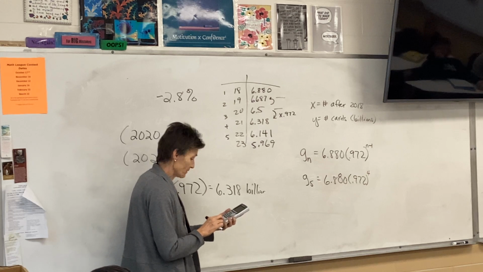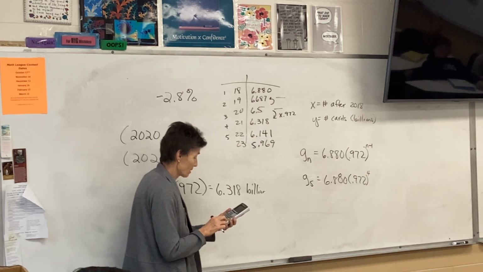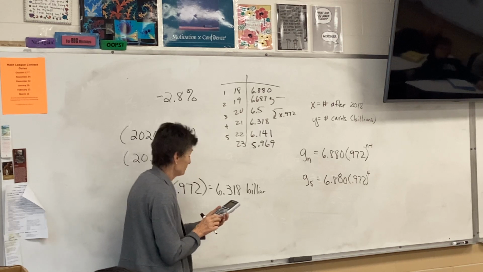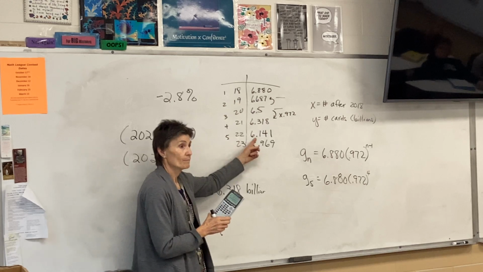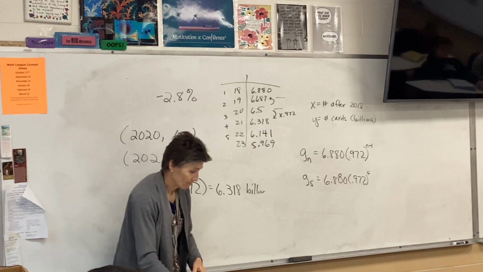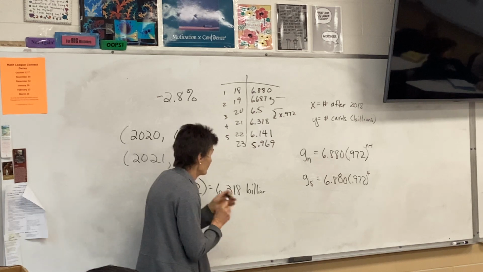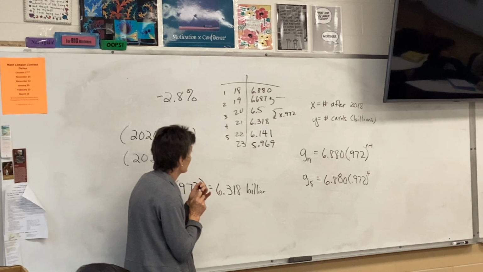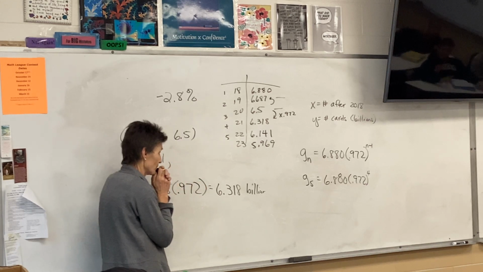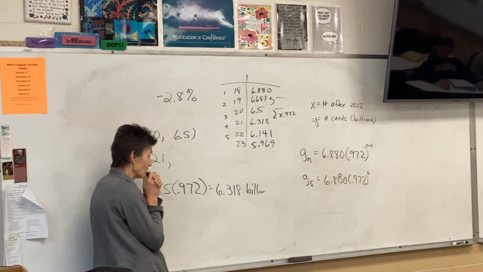Might be a little off because of round off. Is it right? Yeah. All right, good work. Oh, wait a second. No. Something's not right. Can anybody see what's not right?